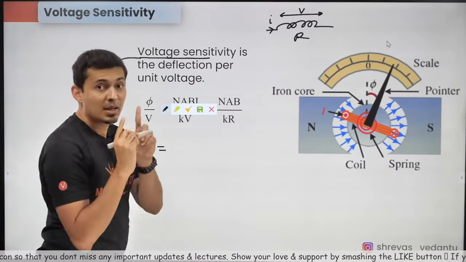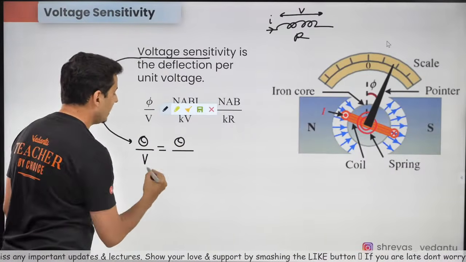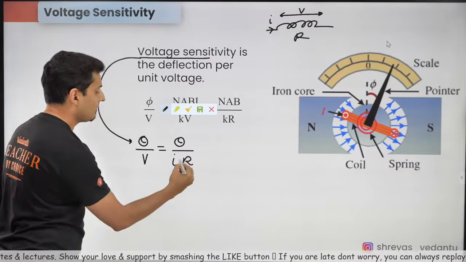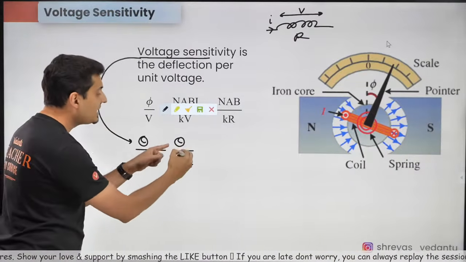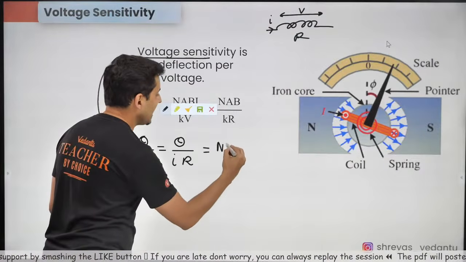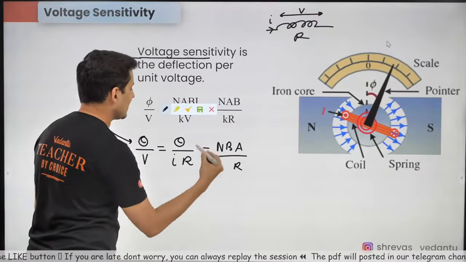Now voltage by Ohm's law is IR, correct? So it will be theta by I, and V is IR, so this IR will come in the denominator. What is theta by I? It was nothing but NBA divided by C, and this resistance just comes over here.